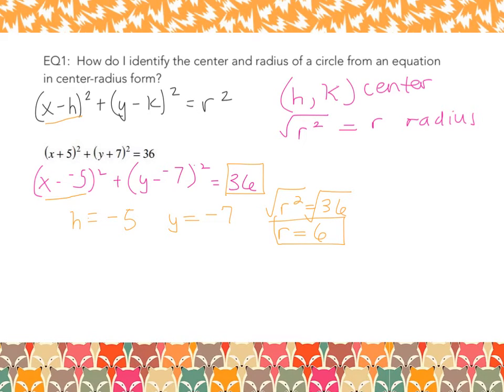All right, so now if I ask you what is the center and what is the radius of this circle, you would tell me its center is located at the point negative 5, comma, negative 7, and it has a radius of 6 units.